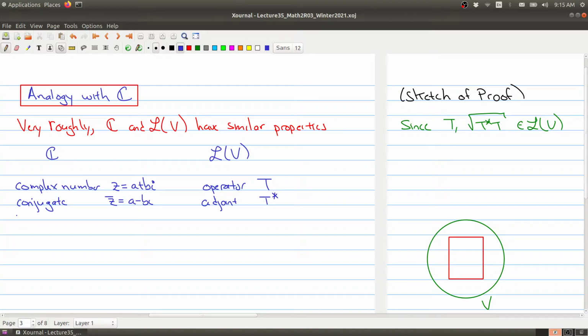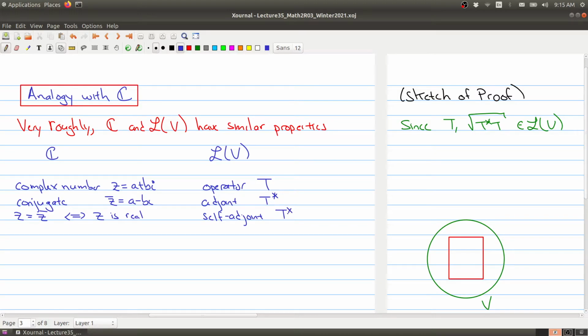Now we know that when a complex number equals its conjugate, that can happen if and only if z is a real number. So we want to identify what things would correspond to real numbers on this side, and those would be the ones that are self-adjoint, because they have the property that the operator is equal to its adjoint.